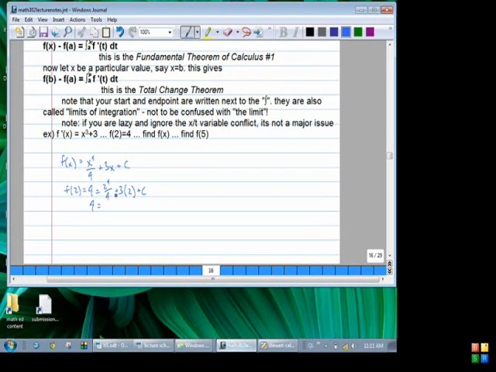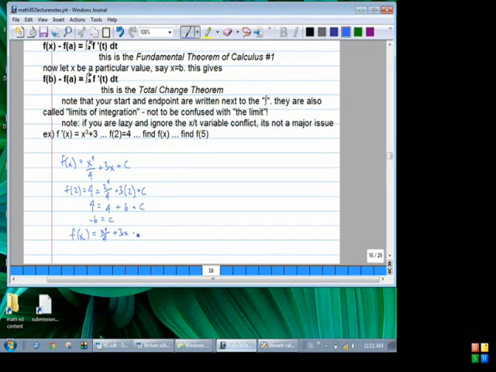You get 4 equals, so 2 to the 4th is 16, over 4 is 4, 3 times 2 is 6, plus c. So what is c? Negative 6. Okay, so now we know that f of x equals x to the 4th over 4 plus 3x minus 6.